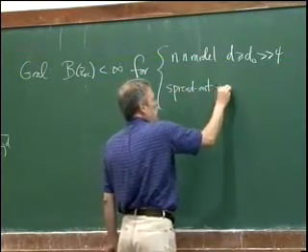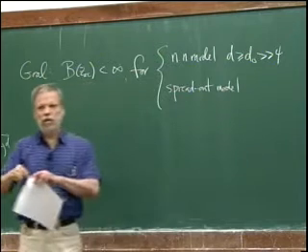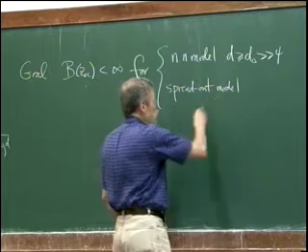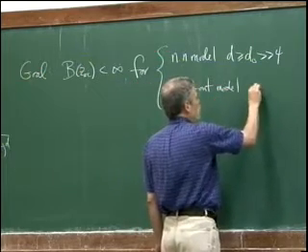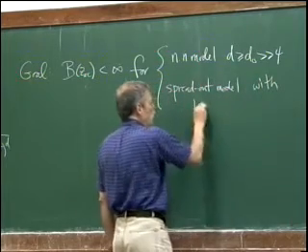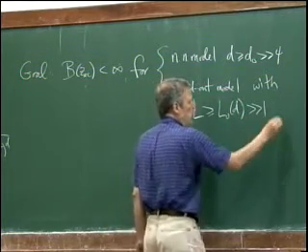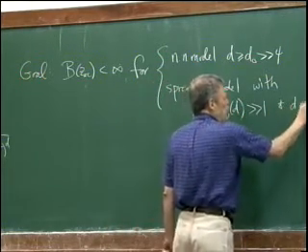So in the spread out model, the self-avoiding walk is allowed to take steps from its current location to any other location which is in the box of radius L centered at its current location. And L is a large number, so it's greater than some L naught, which depends on the dimension, and we want the dimension to be bigger than 4.